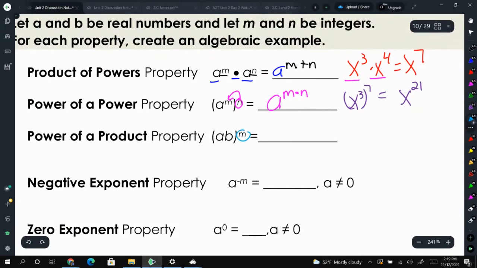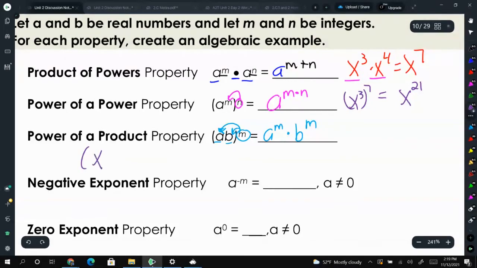This property, I have two things being multiplied, a times b, and that product is being raised to the m power. So you distribute the exponent. So it's going to be a to the m times b to the m.